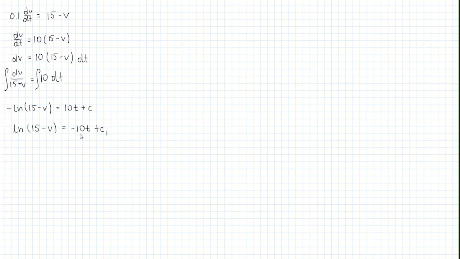I will take the exponent of both sides, so 15 minus V will be equal to e to the power minus 10t plus c1. Using laws of indices, 15 minus V is equal to e to the power minus 10t times e to the power c1, which is yet another constant. 15 minus V is equal to constant k times e to the power minus 10t.